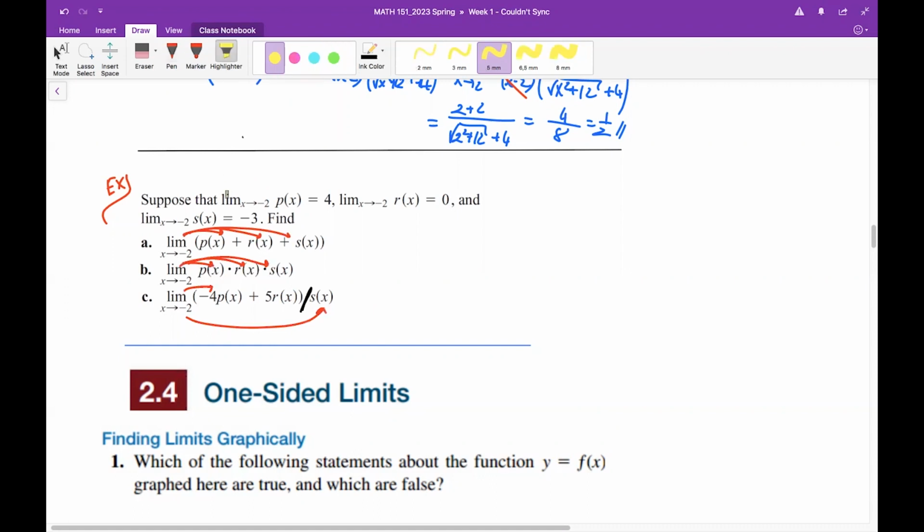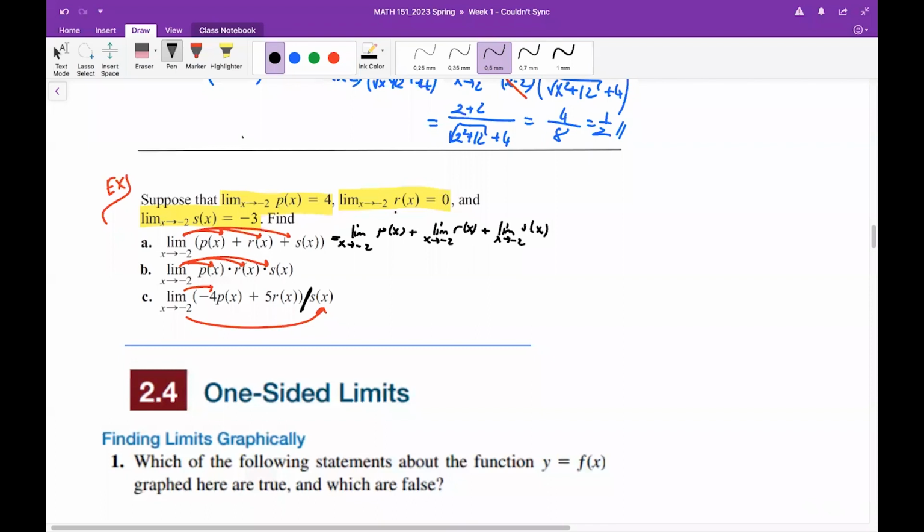Okay, we are given information about limits of p of x as x goes to minus 2. It is 4. Limit of r of x is 0, and limit of s of x is given as minus 3. So now we can first distribute this limit like this one. Limit as x goes to minus 2, r of x, limit as x goes to minus 2, s of x.